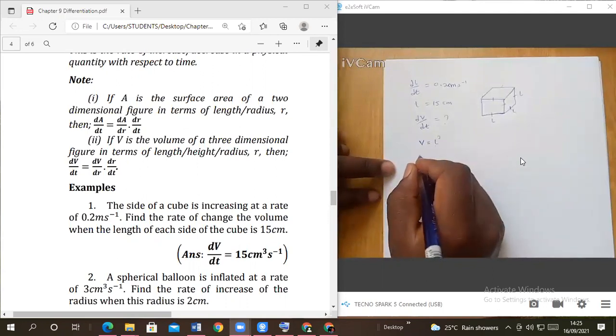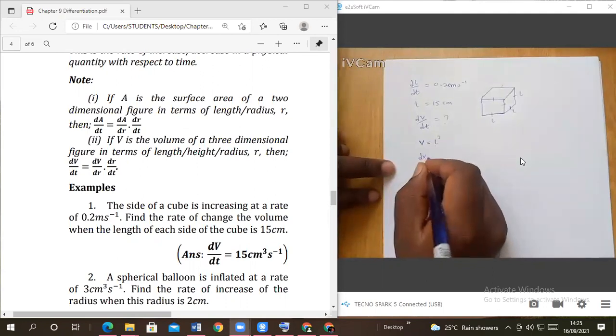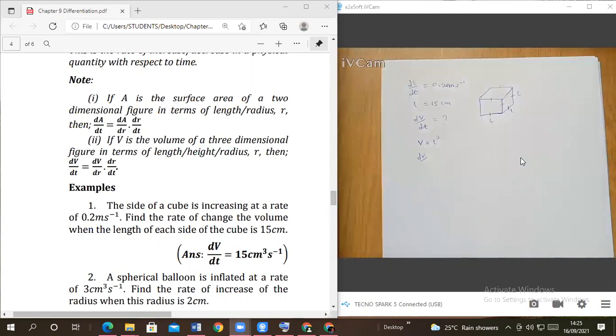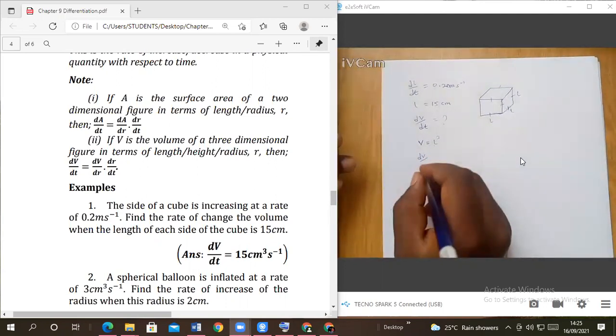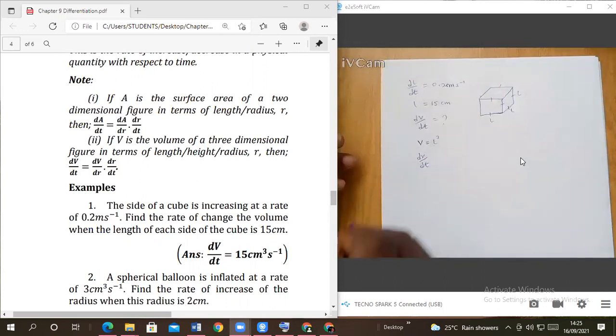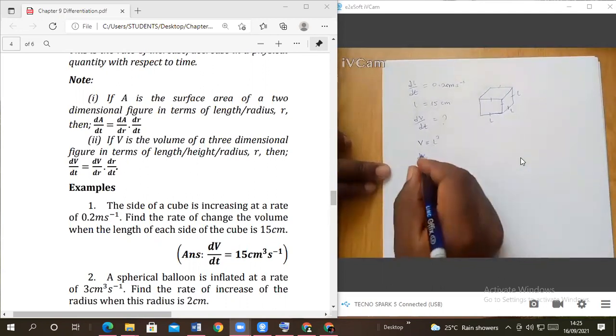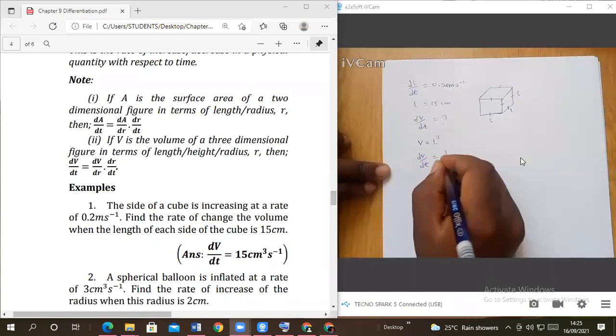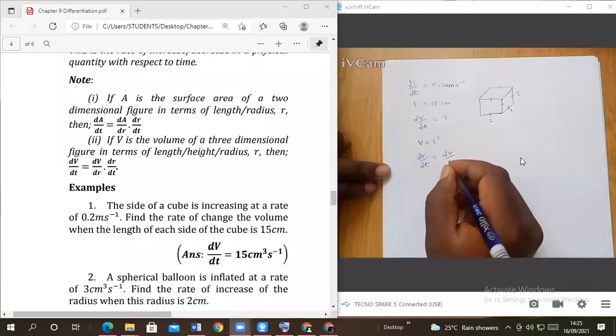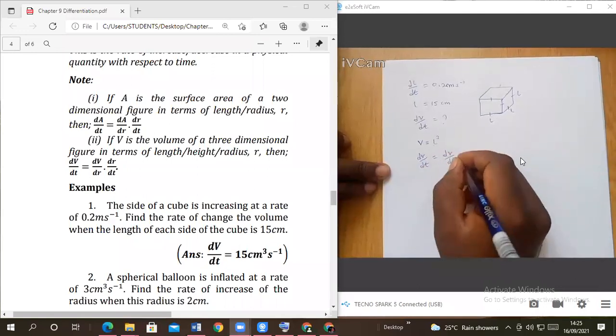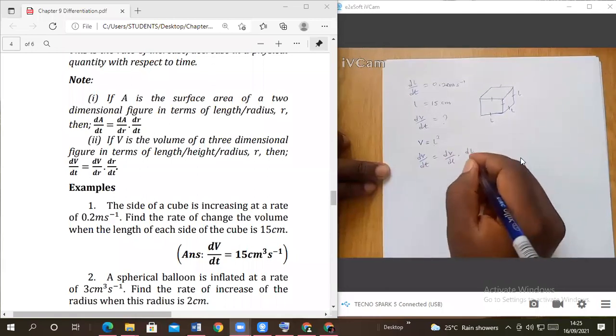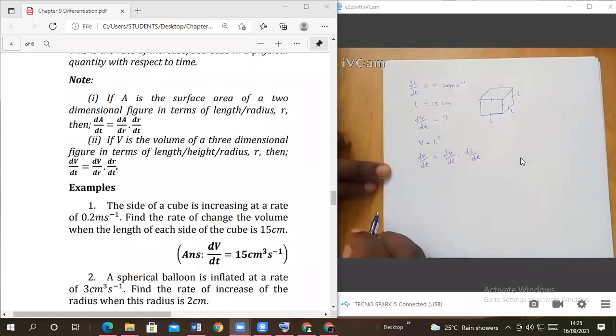So to get the dV/dt, from the chain rule, as I've given it to you in the note there, we are going to have it as dV/dL times the dL/dt.